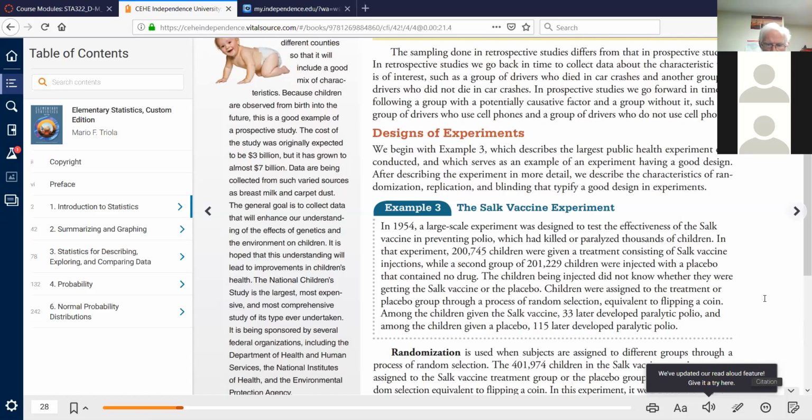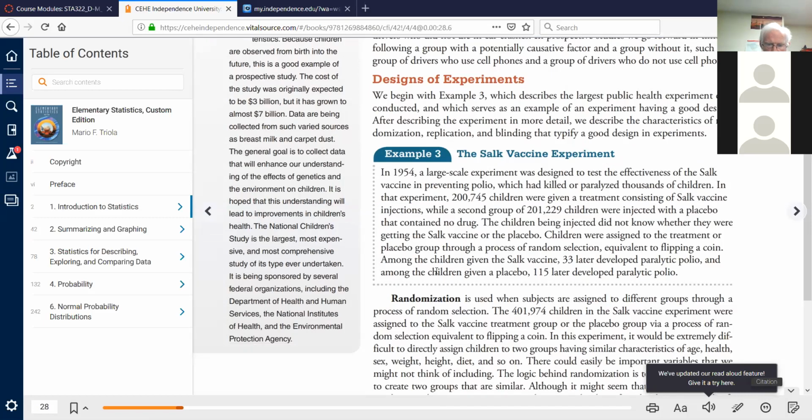We were able to prove that the vaccine was effective. So what happens is that children were randomly assigned to treatment or placebo group, and I don't have any idea if there was parental approval on this.